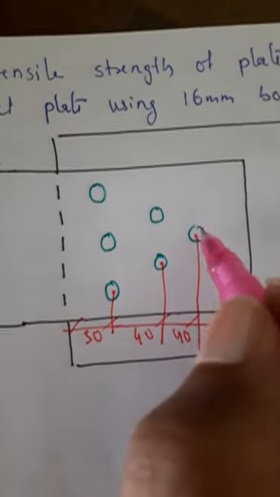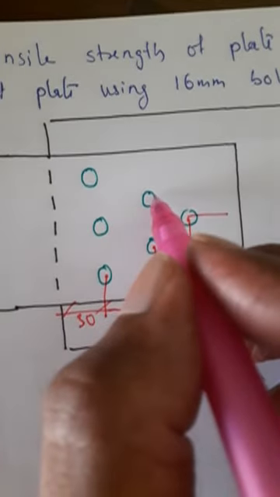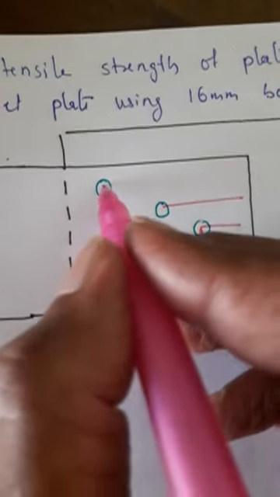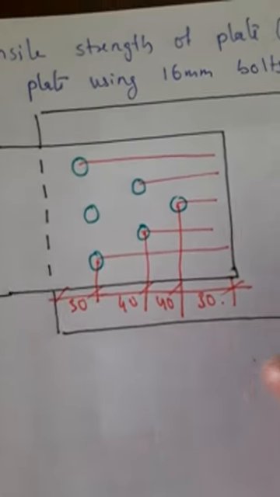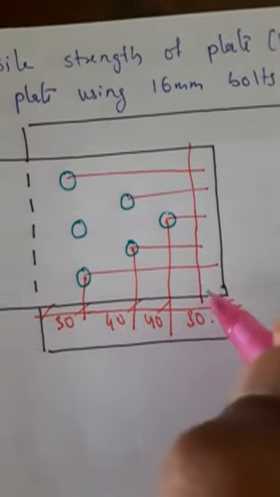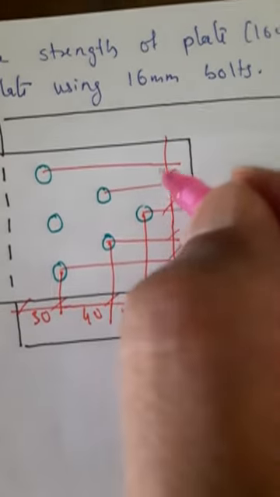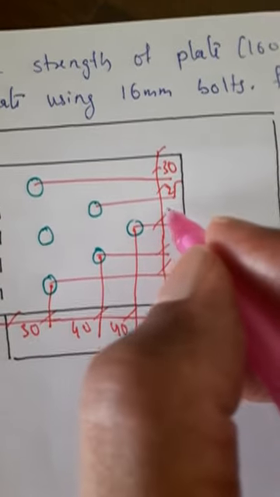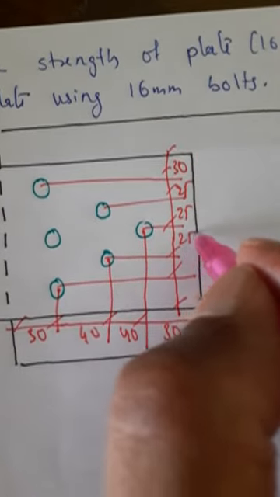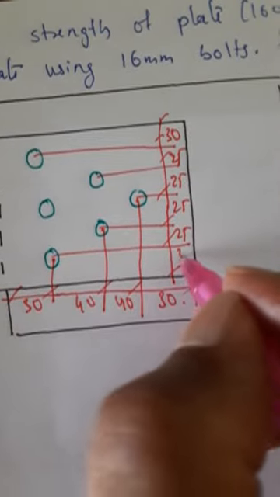So similarly these dimensions, all these things will be given: 30, 25, 25, 25, 25, 30.